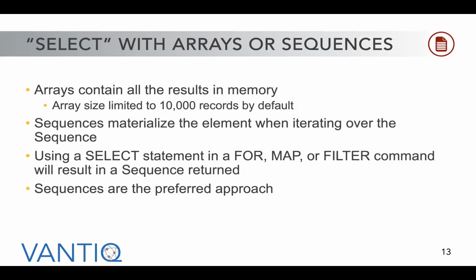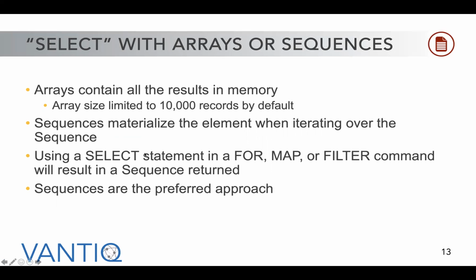So if you have a type that has 200,000 items inside and you do a select, the result of that select will not be all the 200,000 items. It will just be the first 10,000 items, because there's a limit on the array size.